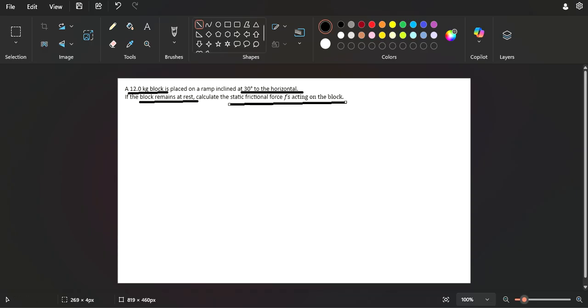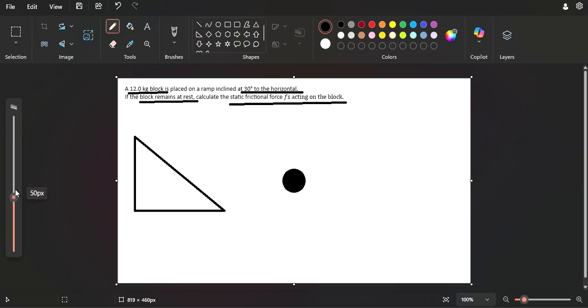To start this problem, we will draw our ramp, which will be denoted as a triangle in this case. We need to make sure we draw the angle here. Here it is given to us as 30 degrees.